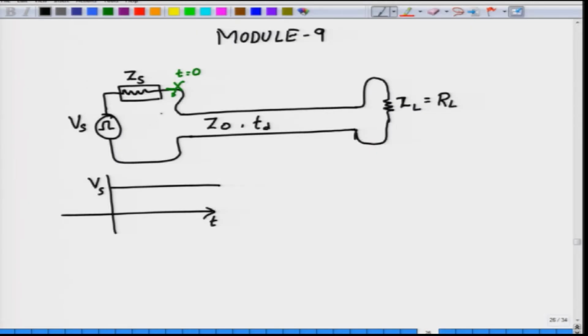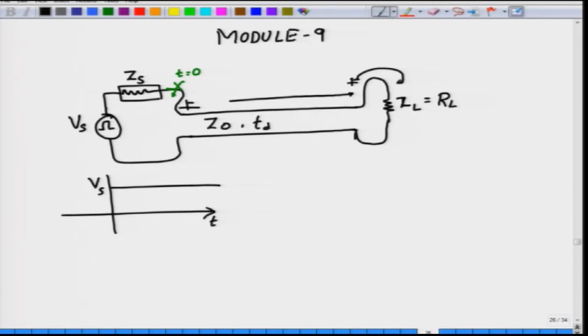Will this step voltage see the load immediately or not? It will not see the load immediately, because the voltage has to travel all the way to the load, and if there is a mismatch, the travelling voltage sees the load only after a delay of Td.